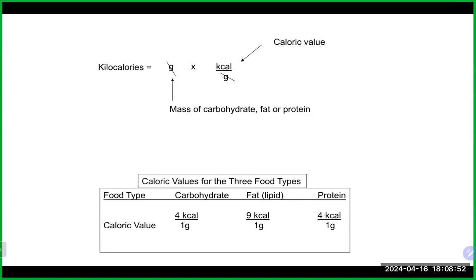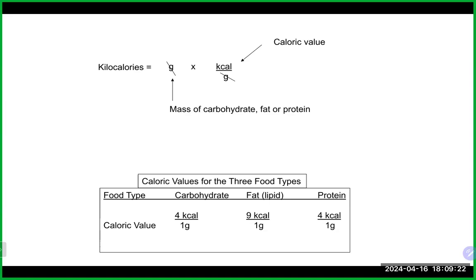For carbohydrates, it's 4 kilocalories per gram. For fat, it's 9 kilocalories per gram. And for protein, it is 4 kilocalories per gram. So if you find how many grams of each of those things are on your label, you could calculate how many calories there are, for example, per serving.